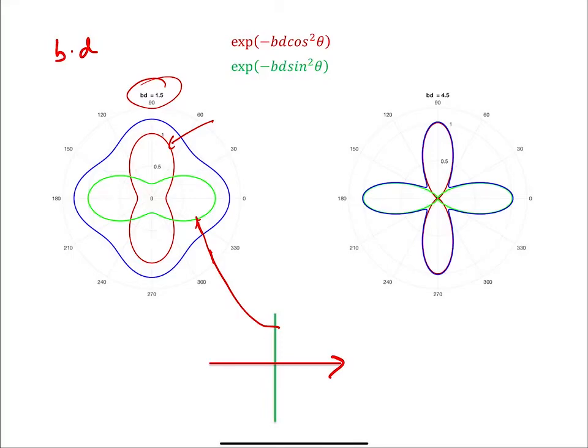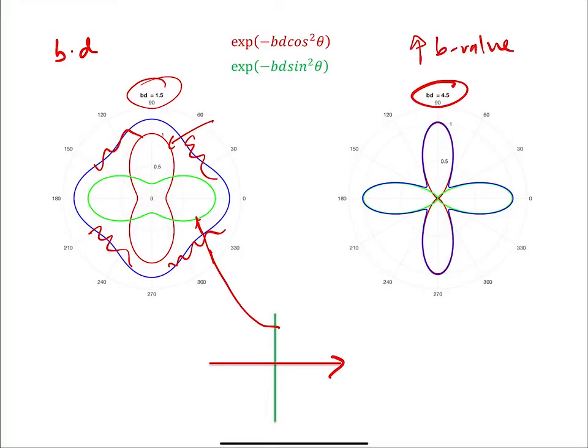Okay, and then when I sum them together, you can sort of see that I end up with something that's almost like a square. And it's going to be a little hard to figure out the diffusion direction from that, right? Because if there's any noise here, it's going to be sort of hard to really tell what that shape is and figure out which direction things are. In this case, I've made b times D equal 4.5. So in this case, I've increased the b value.